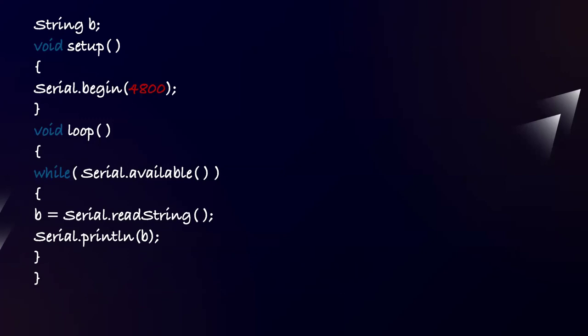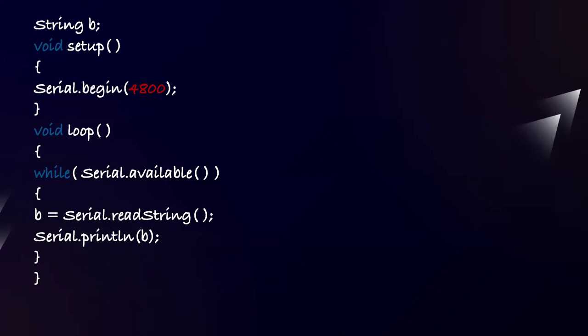String b. So we have taken a String b. In void setup, we have given Serial.begin(4800). We set the rate. In void loop, we have given a while condition. These are loop conditions like for loop, while loop, do while loop, which you must have read in C programming.